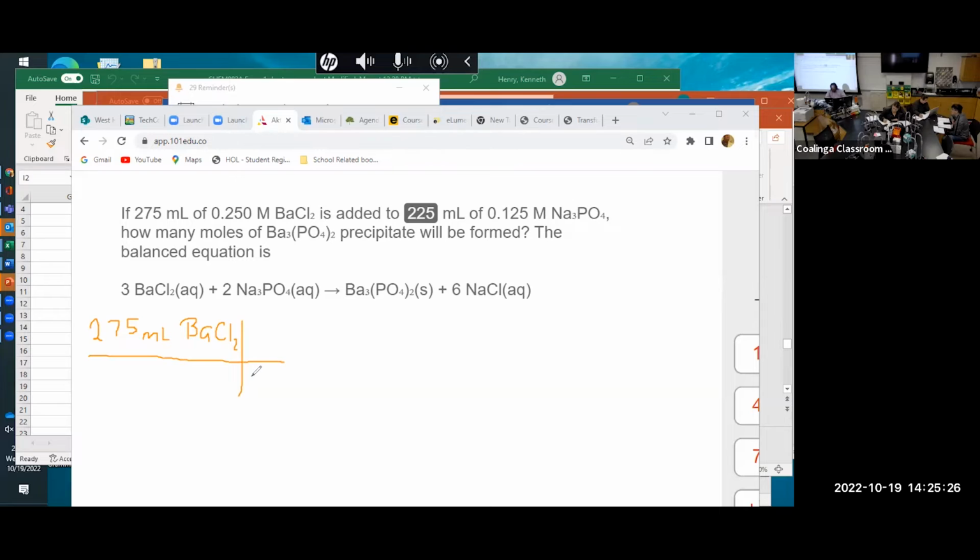So we do that by dividing it by what? Okay, so then we can use our concentration because we know that that's moles over liters. So then we can get moles.